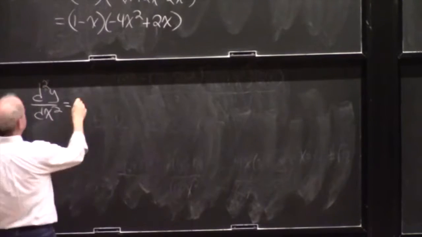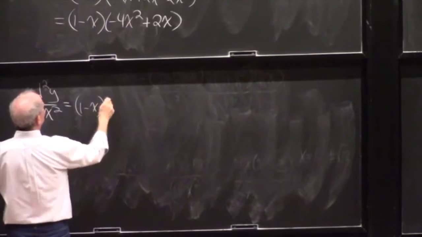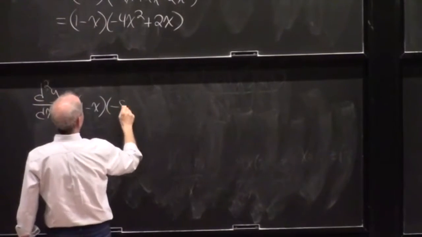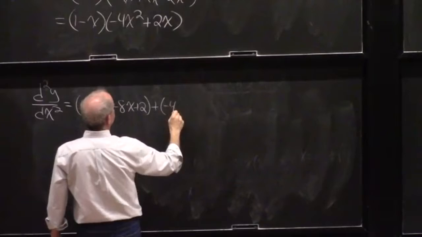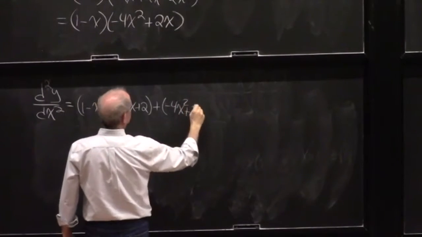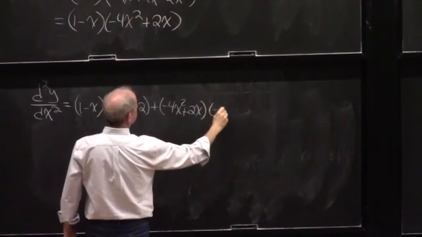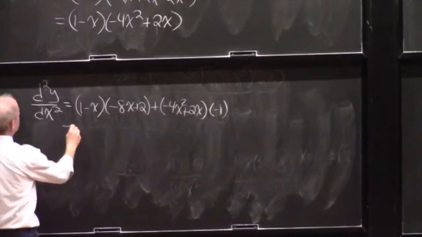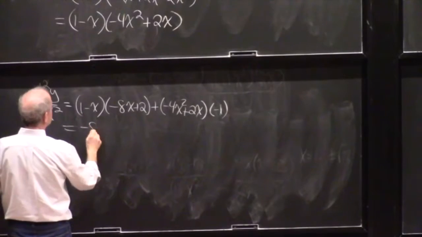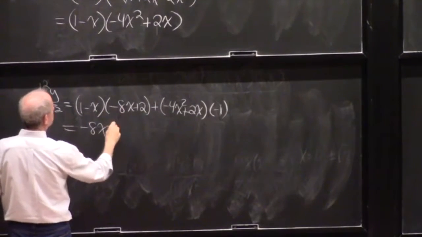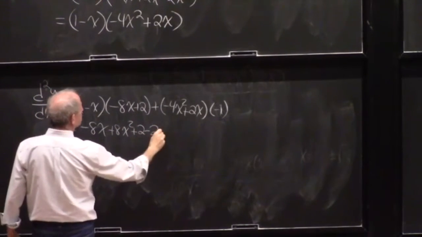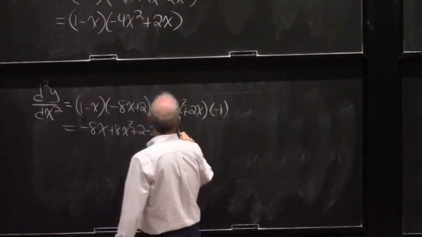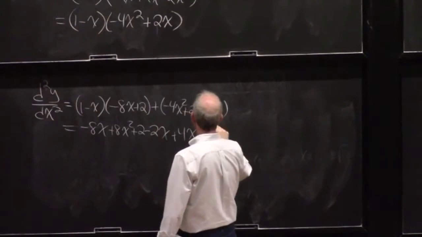So first function times the derivative of the second function, negative 8x plus 2, plus the second function times the derivative of the first function. That is 1 times negative 8x plus 8x squared plus 2 minus 2x plus 4x squared minus 2x.